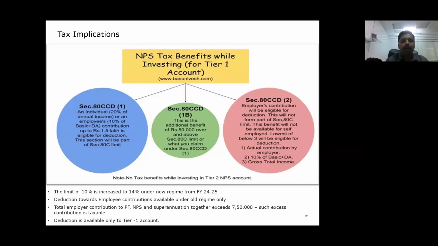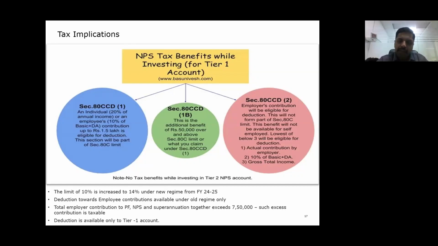Whatever the employee contribution is, first it goes to 80C and sits there, and it qualifies as one of the tax saving investments under 80C. However, there is another section, 80CCD(1B). This is in addition to the 80C limit of 1,50,000, and the maximum deduction available under 80CCD(1B) is 50,000.